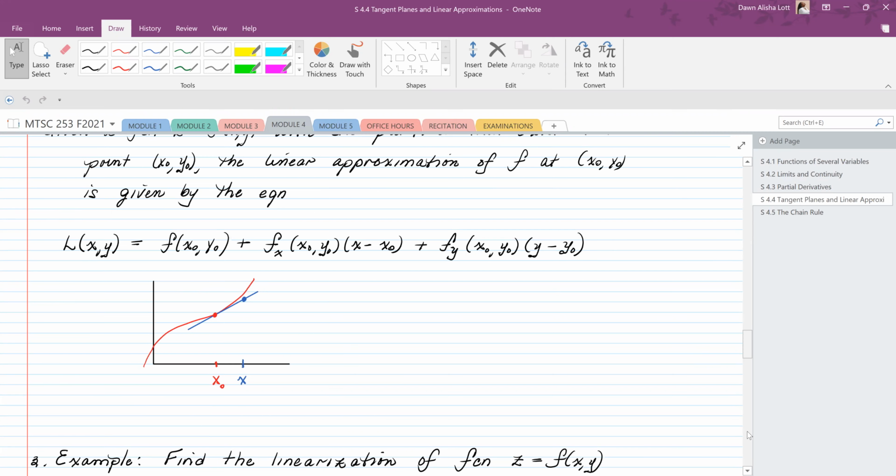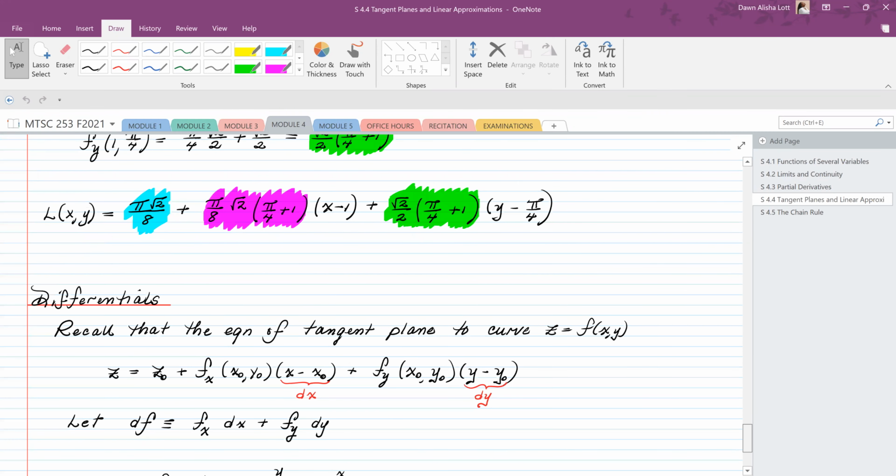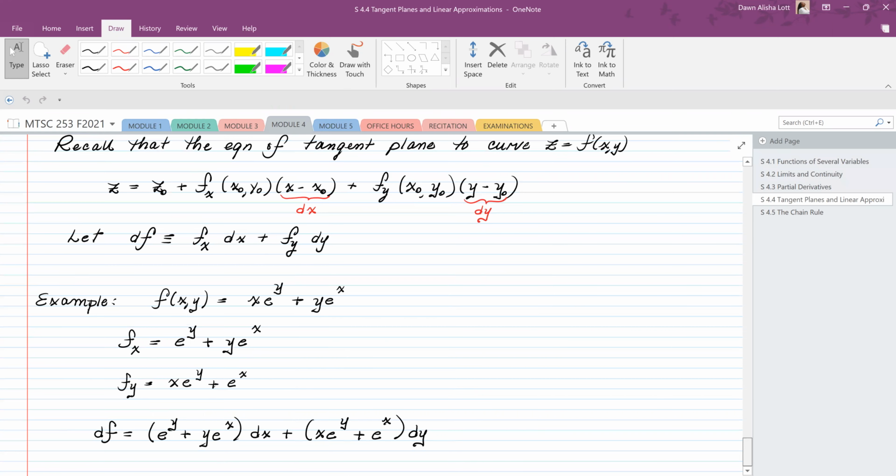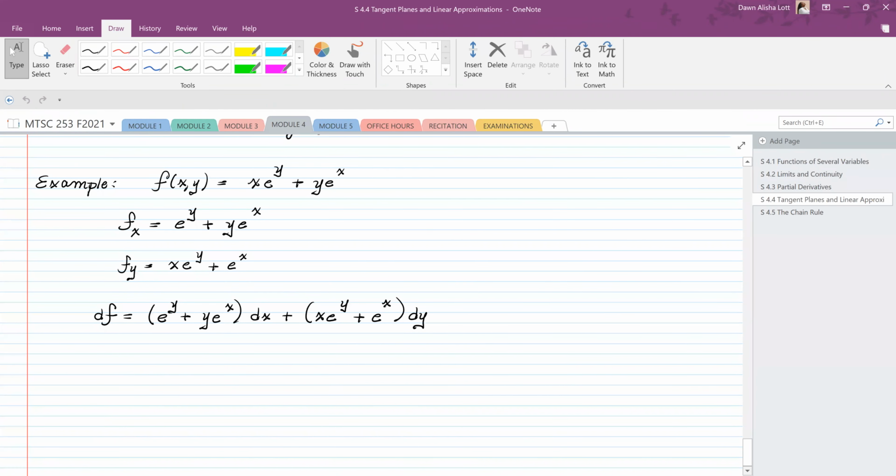Okay, so we found the differential of the function.